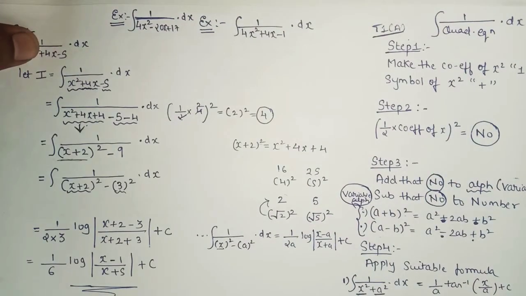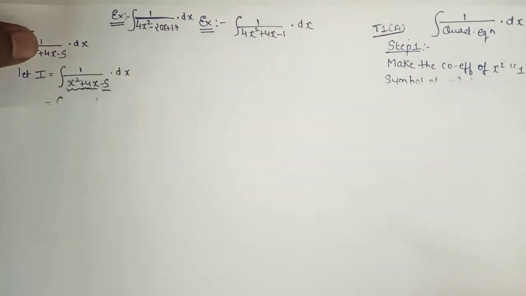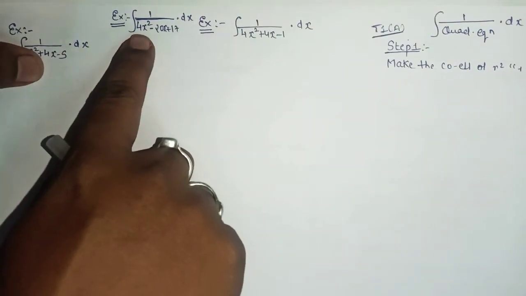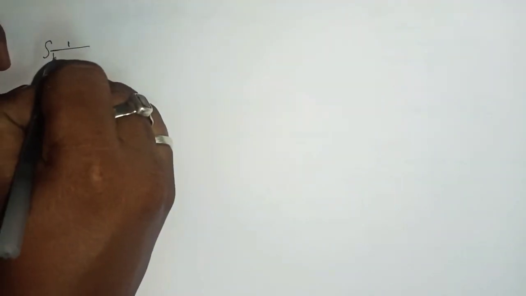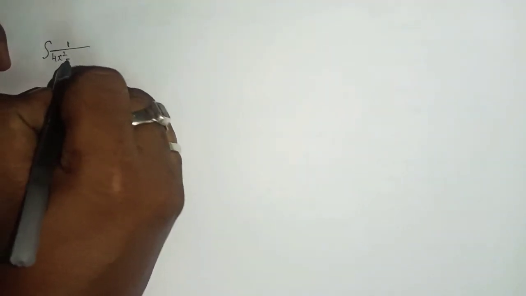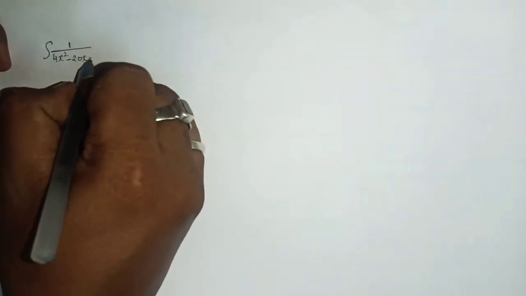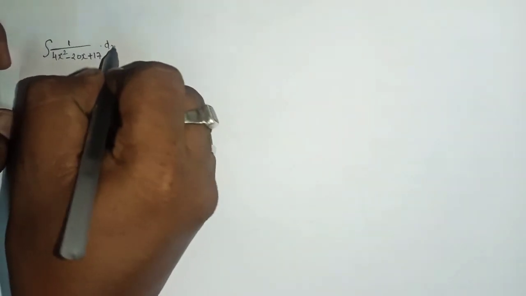Here we have one more example. Now we'll take one example where you will see what happens when the coefficient of x square is not 1. So let's take one sum based on this. Here the question is: integration of 1 upon 4x square minus 20x plus 17, into dx.